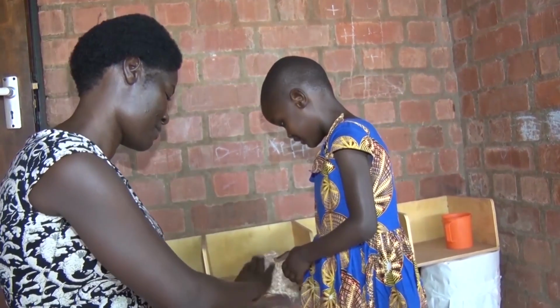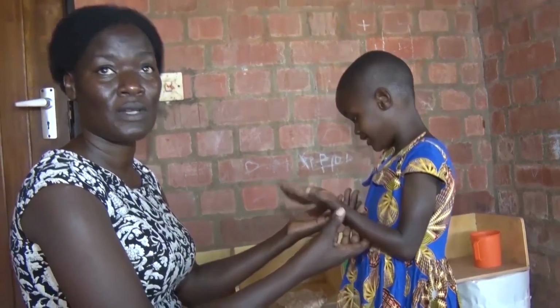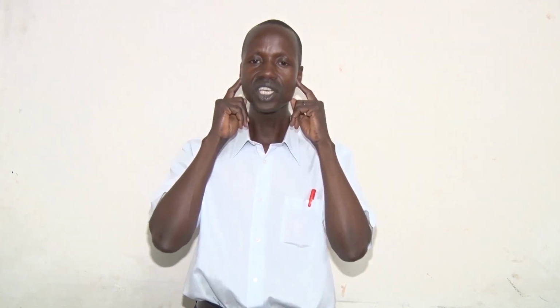So it is you as the teacher to help this child identify the most sensitive parts, for example, the armpits, around the private parts, the face, the ears, so that the child is able to take care of himself thoroughly.